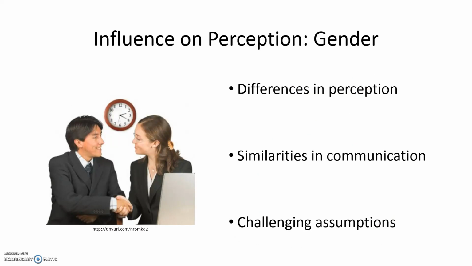Now, when it comes to gender, we also tend to perceive people on how similar and how different they are from us. Sometimes there is some truth to the fact that the sexes do things differently. Scientists always come through and say that men can more accurately perceive time and speed than women do.